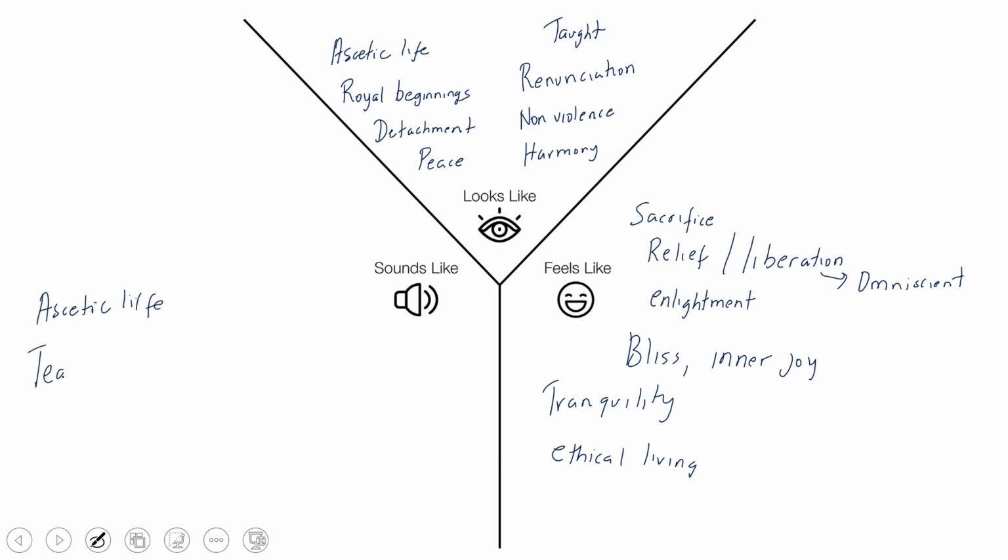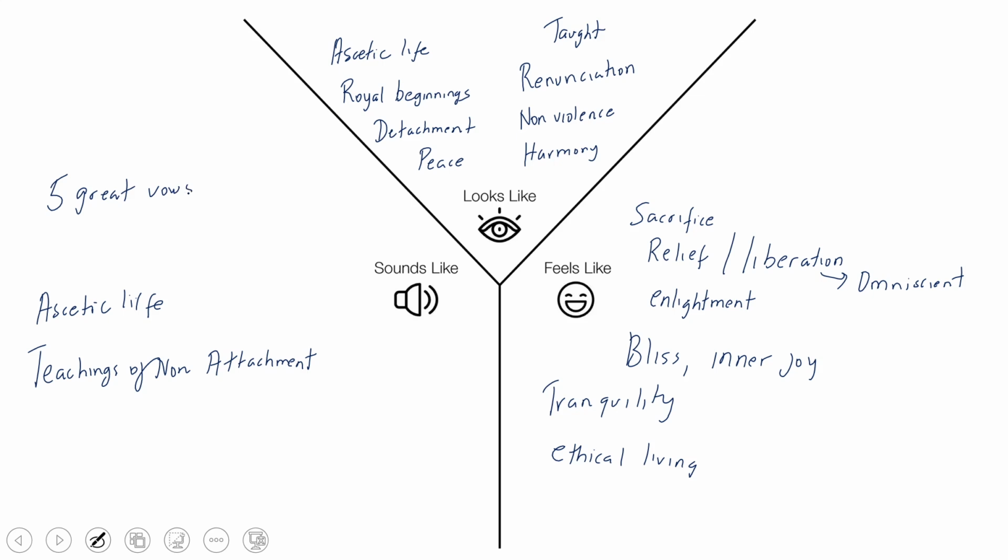Can we say teachings of non-attachment? Okay, then also last class we read something, right? Okay, the 5 great vows.